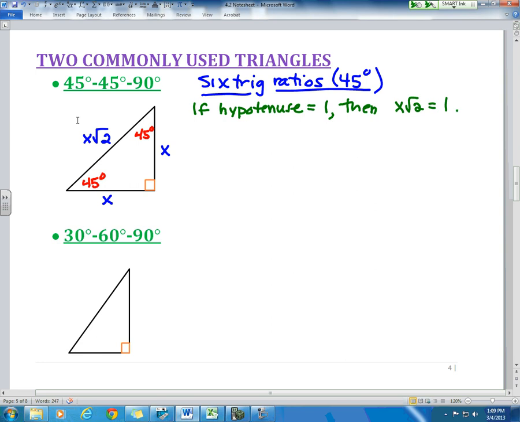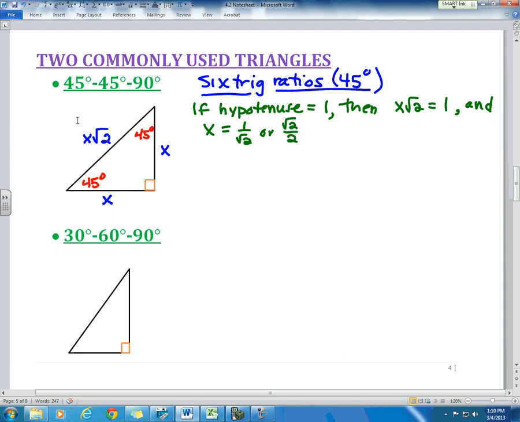So if our hypotenuse is equal to 1, then the generic length, which is represented by x radical 2, is equal to 1. And x then would be 1 over radical 2, or radical 2 over 2.